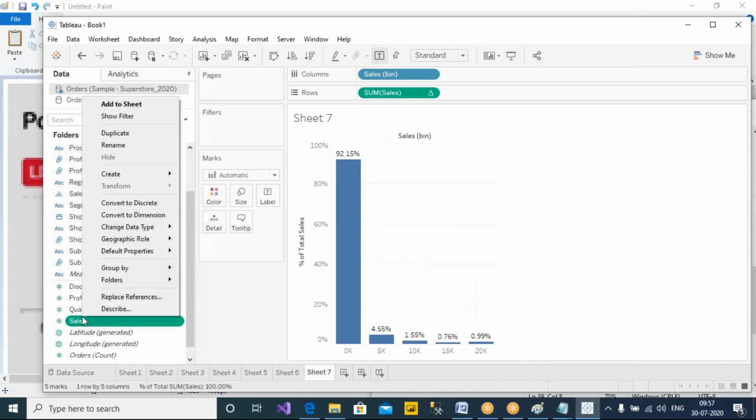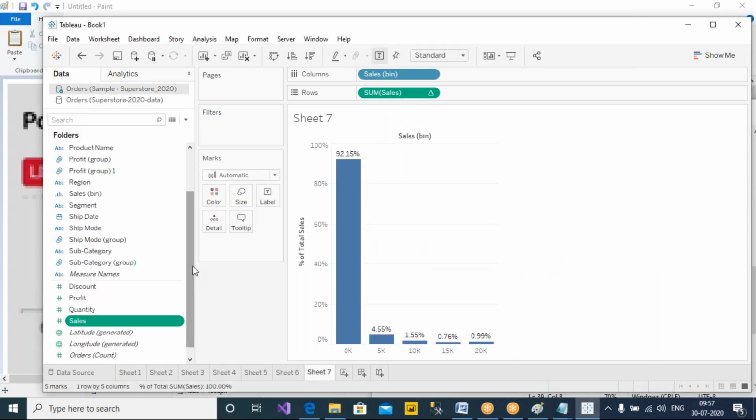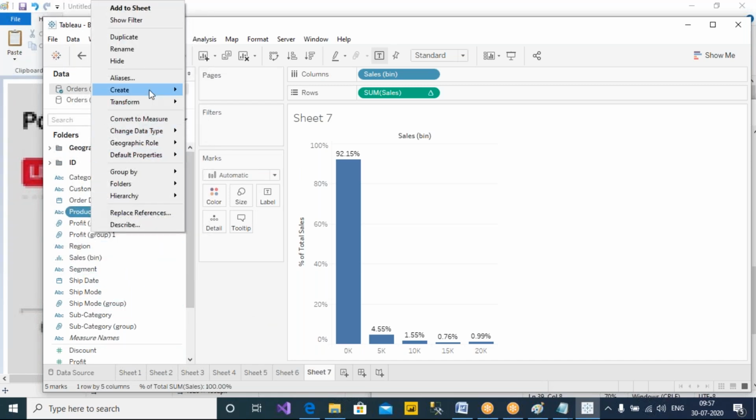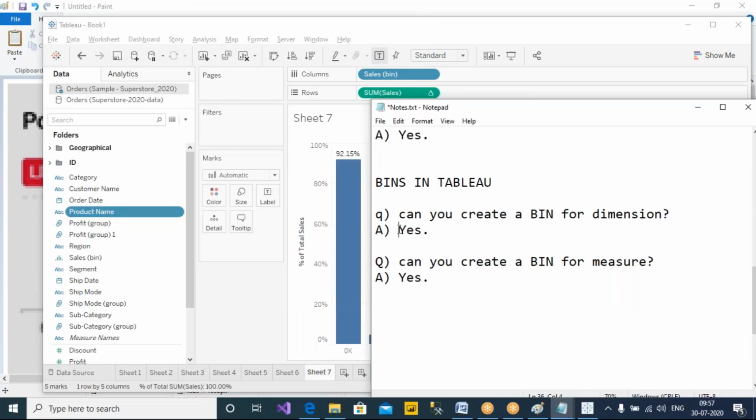Yeah, we did for a measure, isn't it? So create a bin. Can you create a bin for a dimension? Okay, let's take a look here. Create, and do you find an option called bin? No, I don't see that option. So here, generally we say no, we cannot create. This is one common answer.